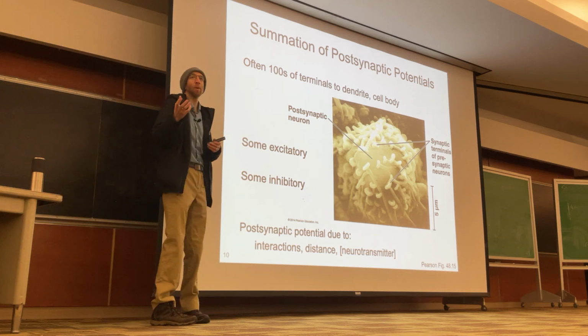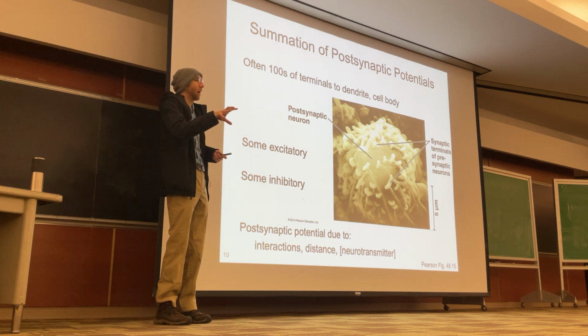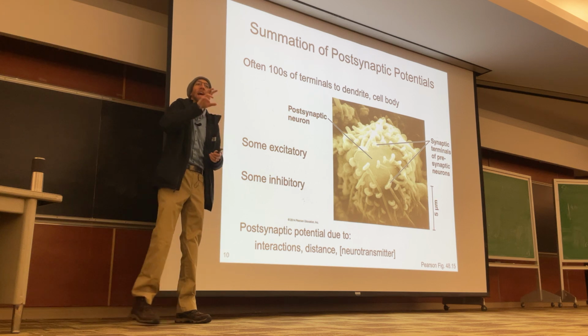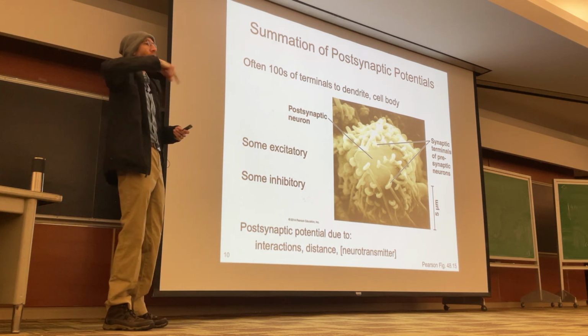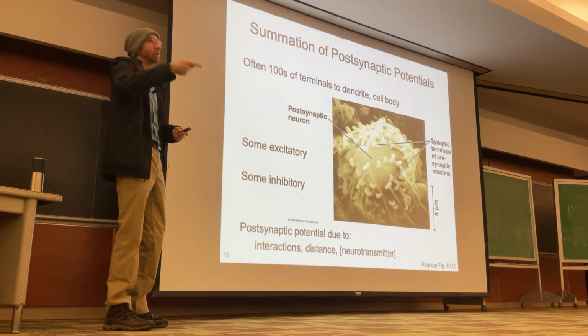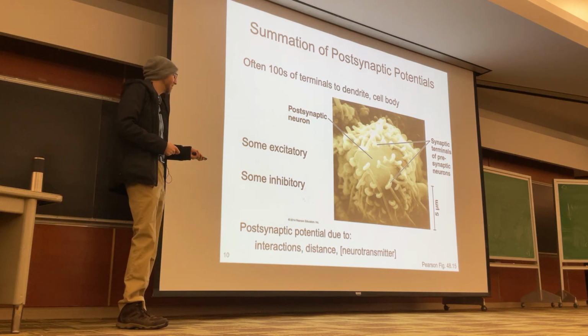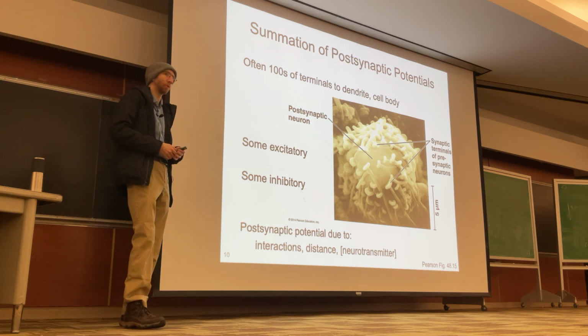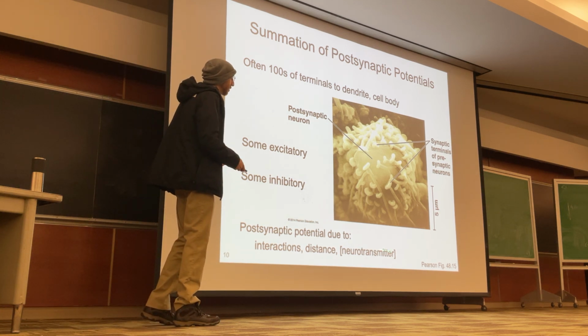At the same time, if you have a synaptic terminal that's right there next to the axon hillock, that's going to play a much larger role in determining what the situation is for membrane potential at the axon. So the distance to the axon actually matters within that cell. And then the third thing is the concentration of the neurotransmitter. Right? So remember, square brackets means concentration.